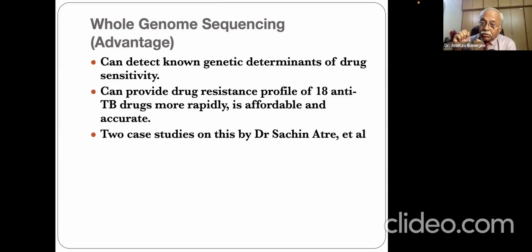It's a shot in the dark, without knowing whether the strain is resistant to these second-line drugs. So if you have something like whole genome sequencing, WGS, you get a profile of 18 anti-tubercular drugs, and from that you can choose the second-line treatment, customized for each patient. Now, two case studies I will be presenting.